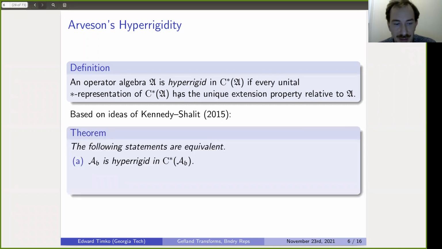This is an idea first brought out by Kennedy and Shalit that we isolate a particular part of and generalize.